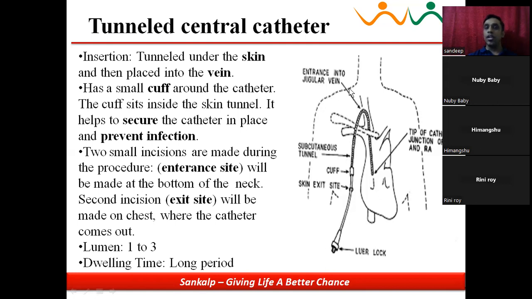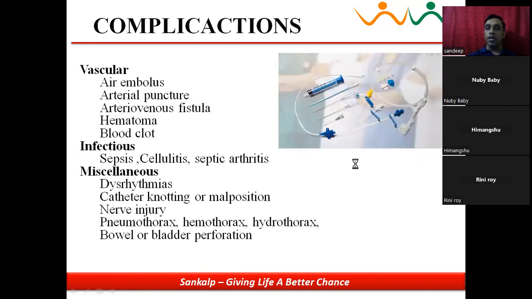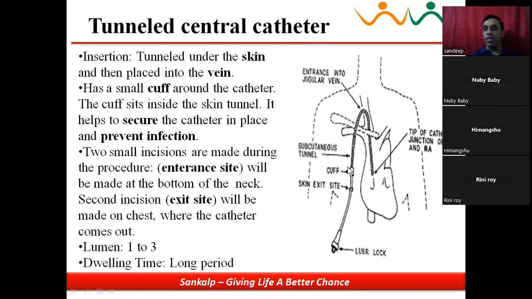One suture is on the neck and one is on the chest wall. The suture in the neck area is called the entry site suture. The suture in the chest wall is called the exit site suture. This is how the Hickman line looks.